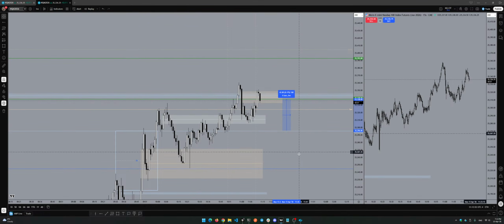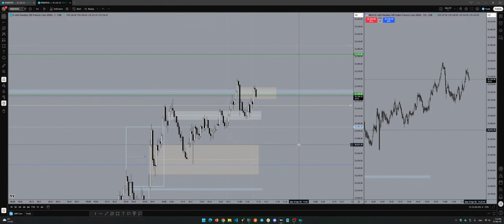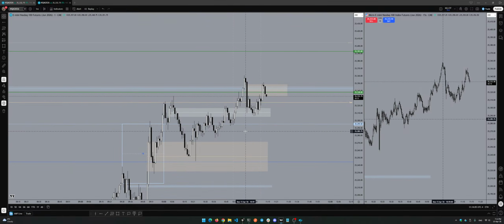Mm, 42 handles. It's a decent move. And the stop loss would be near 17 handles, but it's only in the case of opening the position exactly at the top of the opening range gap.